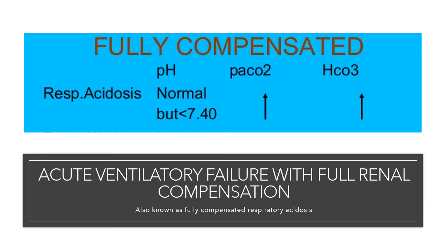It shows that the pH is normal but is less than 7.40. It will not move beyond the 7.40 mark. The PCO2 is high, the bicarb is high. The main thing to remember is that the pH has come back into the normal range, making it fully compensated.